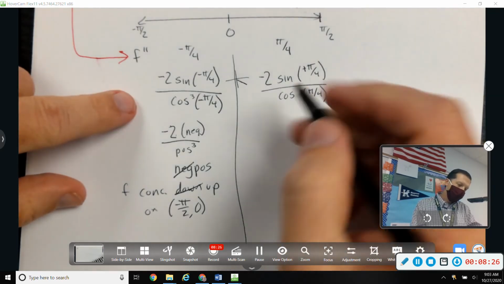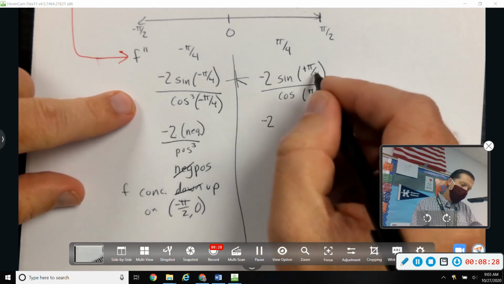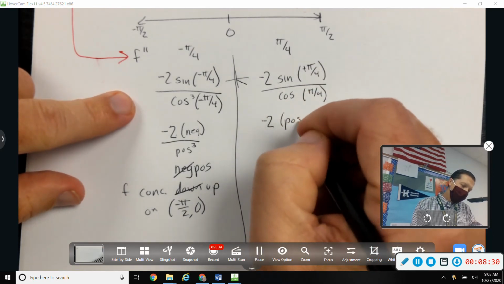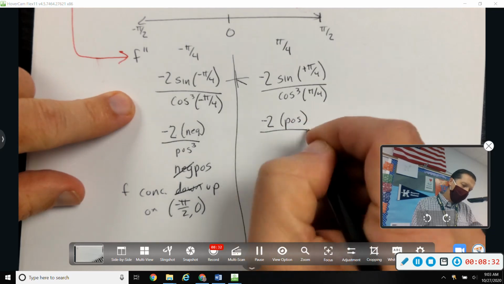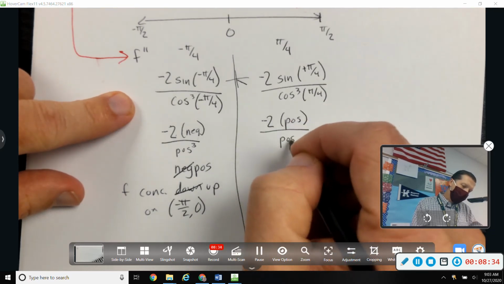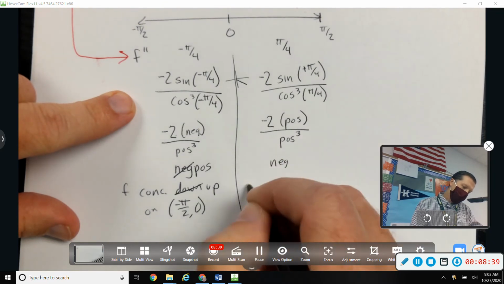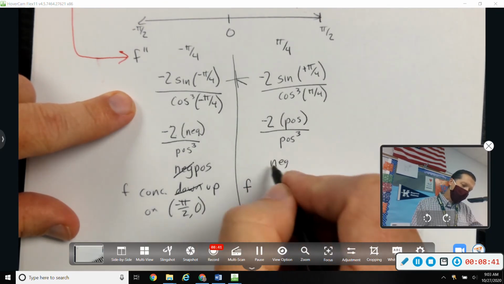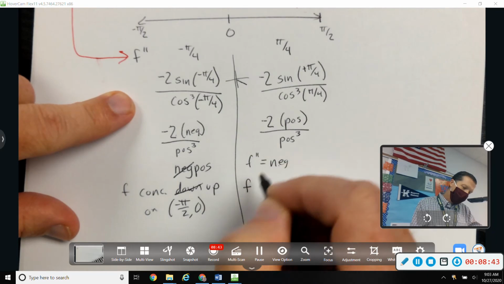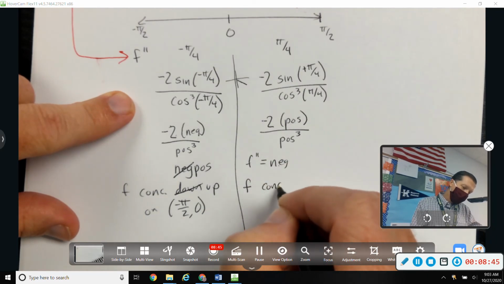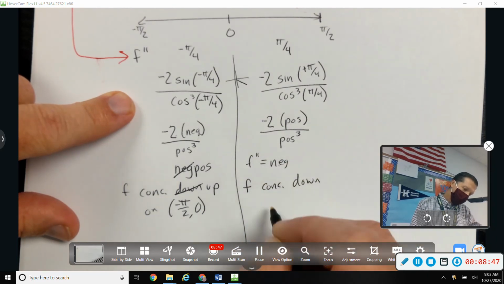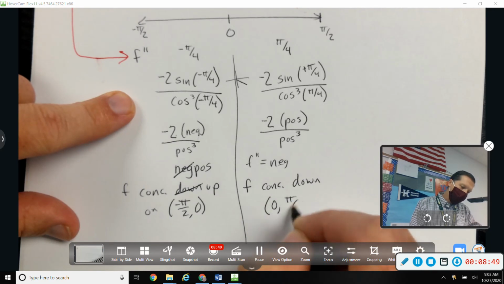All right, back to this one. So negative 2, everything's positive over here. Negative 2 times a positive over a positive cubed. It's negative. That's what the second derivative is. So the function is concave down from 0 to pi over 2.